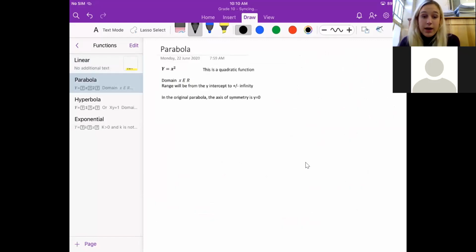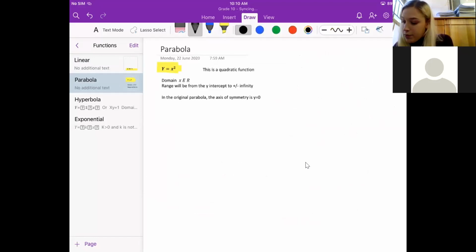Let's have a look at our parabolas. So when we're having a look at our parabolas, we see that our parabola general form is y equals x squared.